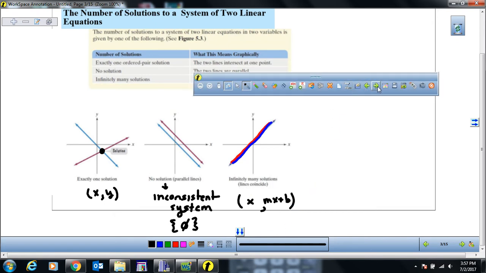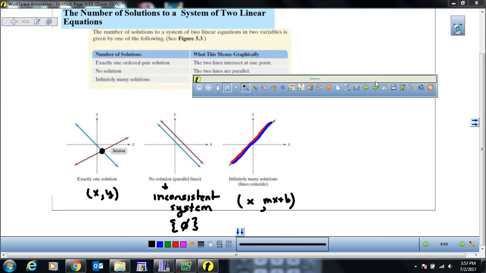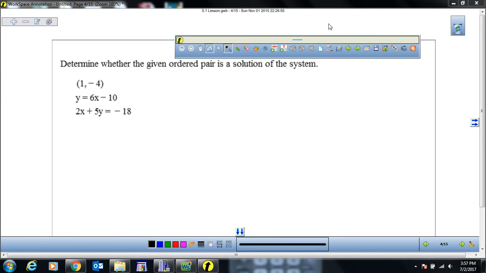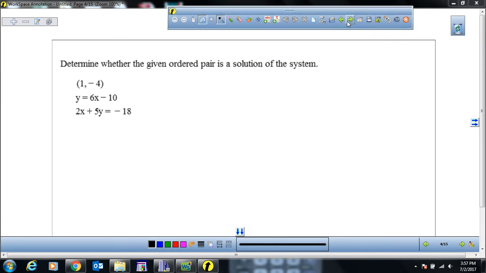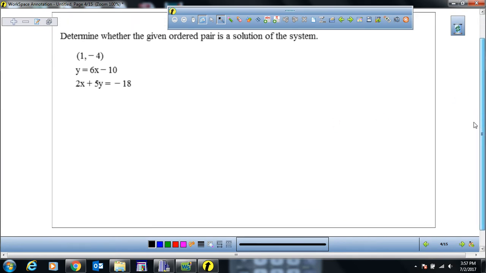Now, let's start talking about how we check a solution. That will be the first case here. The first question states that we want to determine whether the given ordered pair is a solution of the system or not.